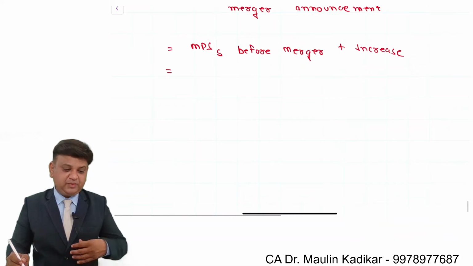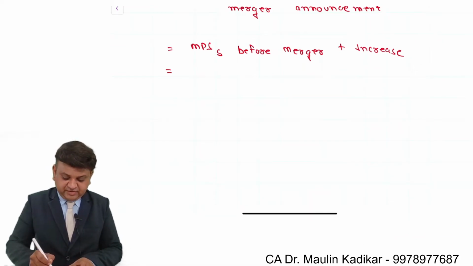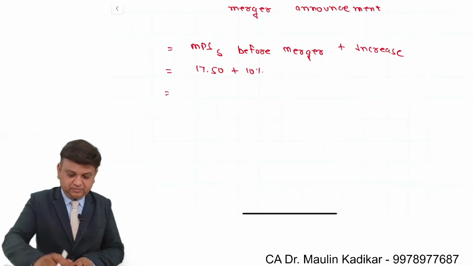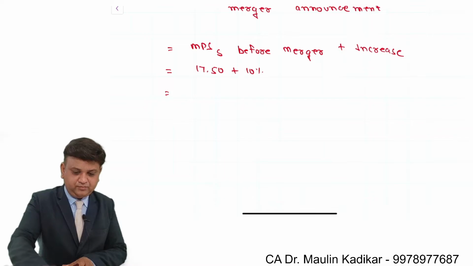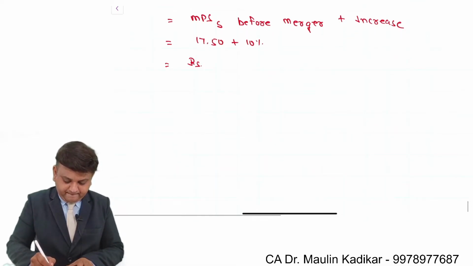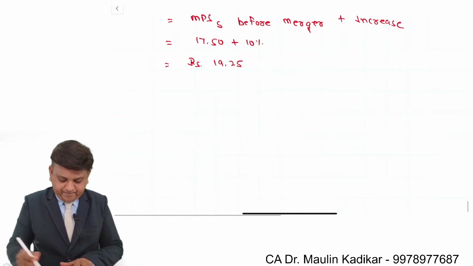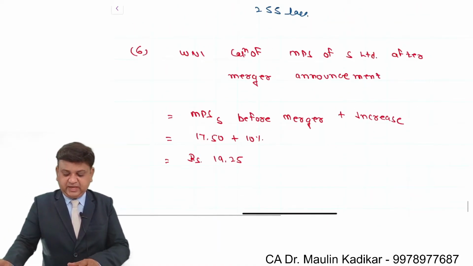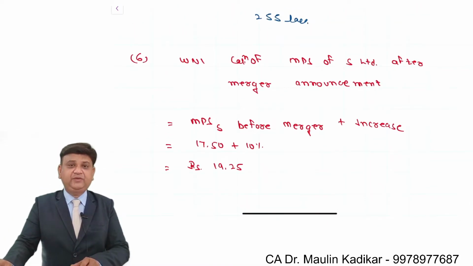EPS of S before merger is 17 rupees 50 paise plus 10 percentage. That comes to 19.25. This is the way EPS of S Limited after merger announcement can be calculated.